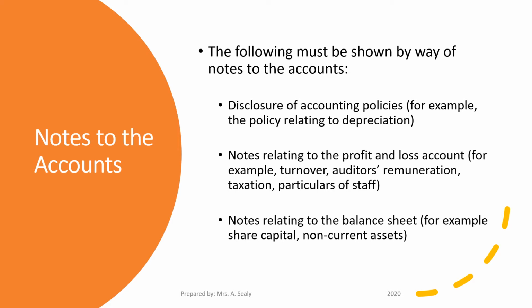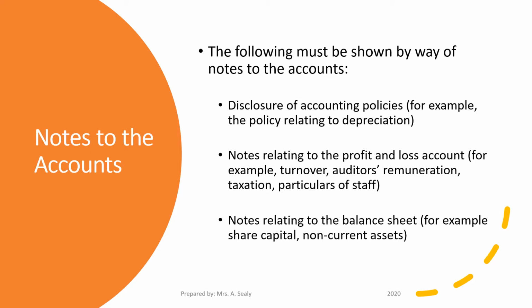Secondly, notes relating to the profit and loss account, like for example, how did you calculate your turnover? What did you do to arrive at your turnover figure? Things like the auditor's remuneration. So for example, when they talk about the auditor's remuneration, the amount shown must include the amount of auditor's expenses paid by the company, things like taxation and particulars of staff.